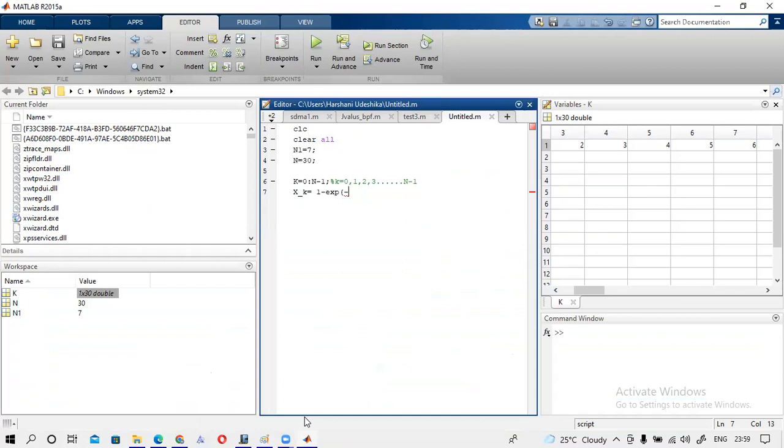So it will be minus j. J I can write as the imaginary number i, multiplied by 2π, and also multiplied by k, and again multiplied by N1, and divided by N. So this is the expression.